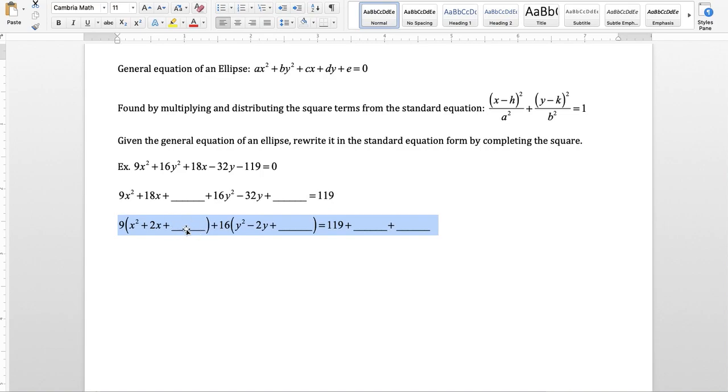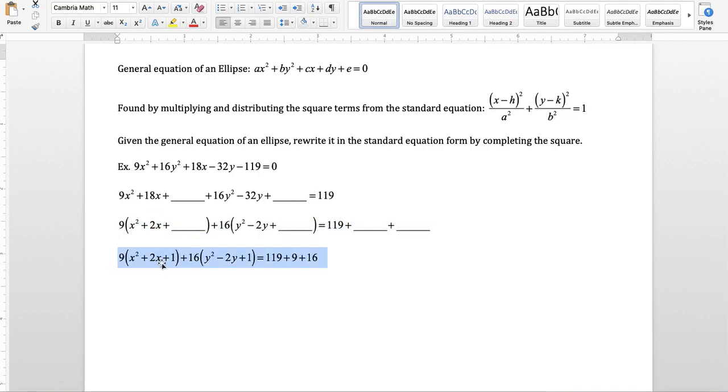Now, this blank that we need to complete is not the same as this one, because this 9 is multiplying whatever we're adding inside the parentheses, or this 16 is multiplying whatever we're adding inside the parentheses. We've got x squared plus 2x, complete the square. We realize we're going to add 1 to both the x term and the y term.